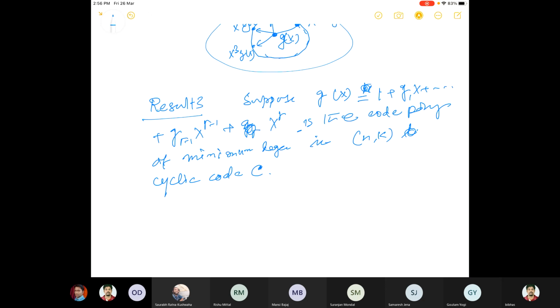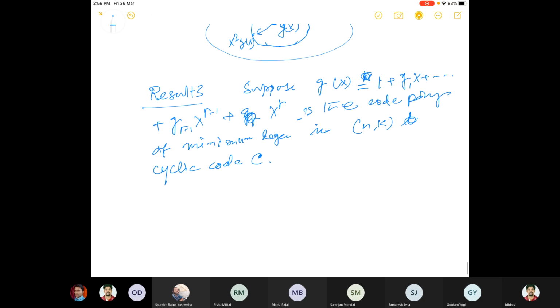Now the statement of the result is: any binary polynomial. Binary polynomial means the polynomial having the coefficient 0 or 1. Actually, I'm not writing all the notations, but if I write the notations, it will be very compact.